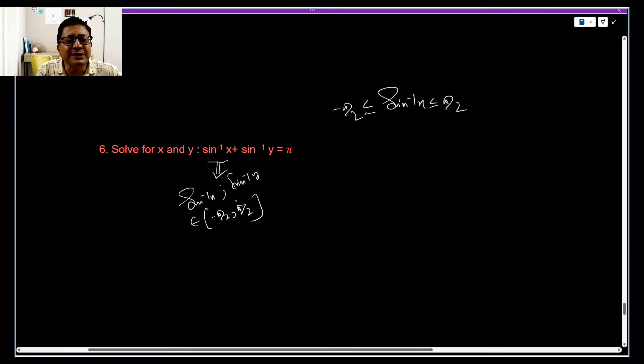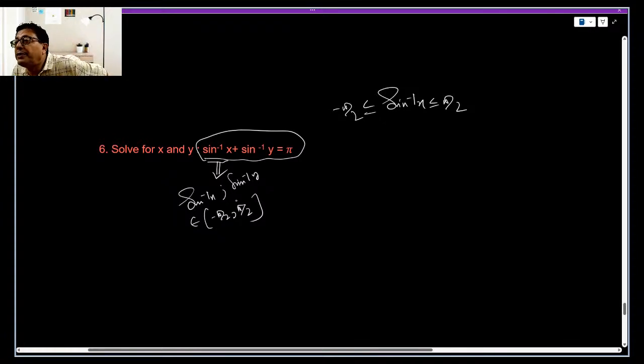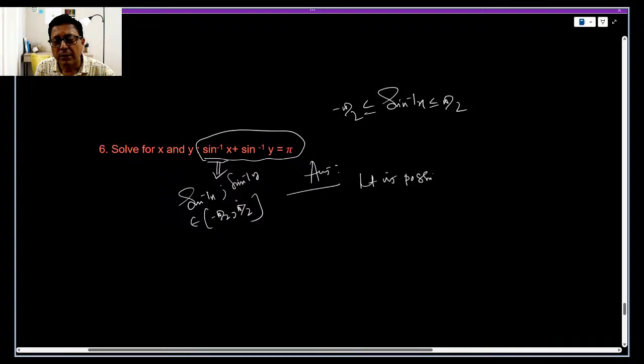So how can there be a sum equal to pi? Because their maximum value is pi by 2. So how can it be pi? It is possible only when they share equal value. Isn't it? So this equation is possible. It is possible when sine inverse x and sine inverse y are both equal to pi by 2.